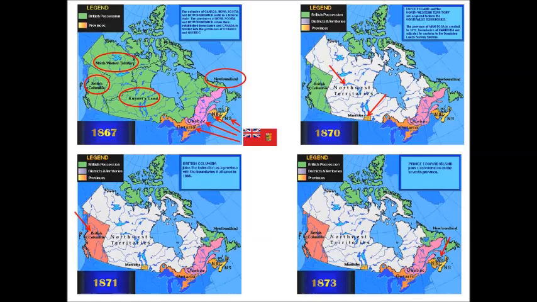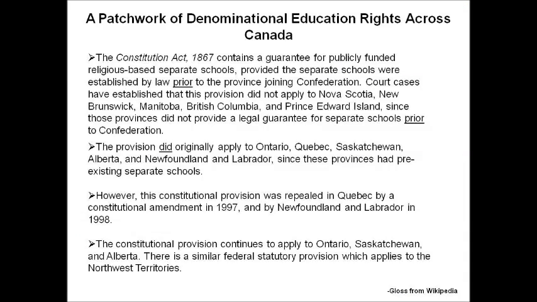Anyway, PEI joins, but like BC, they never had a denominational system either. So Section 93 doesn't really protect anything for them. So really, thus far, you've got that denominational system working in Quebec, Ontario, and Manitoba, right? Okay, so it's kind of a patchwork of denominational education rights across Canada.